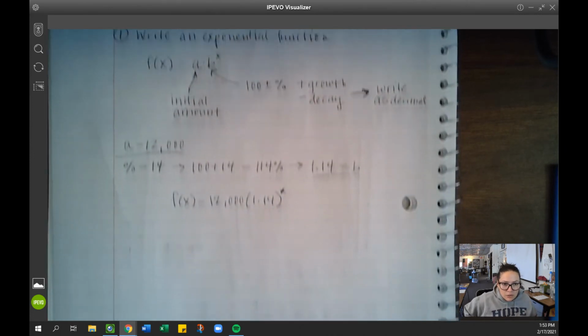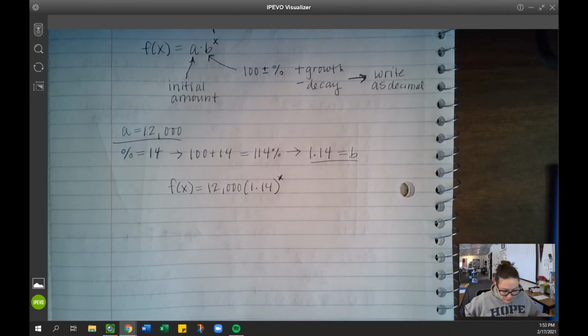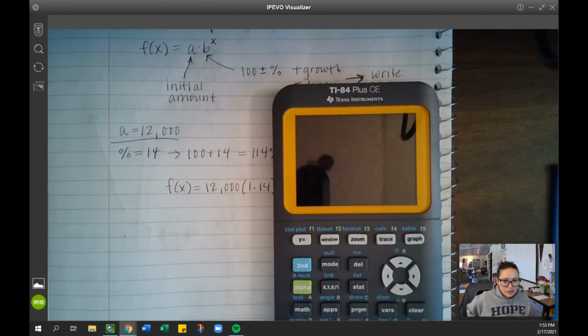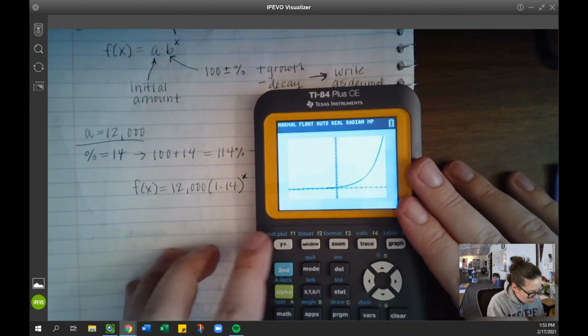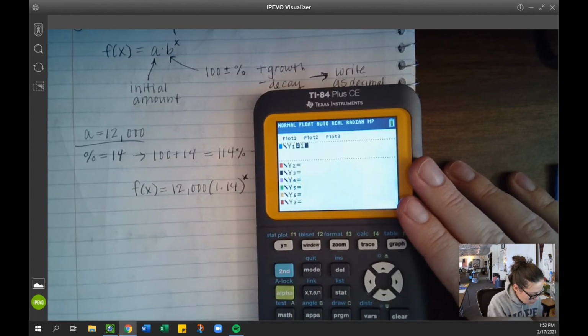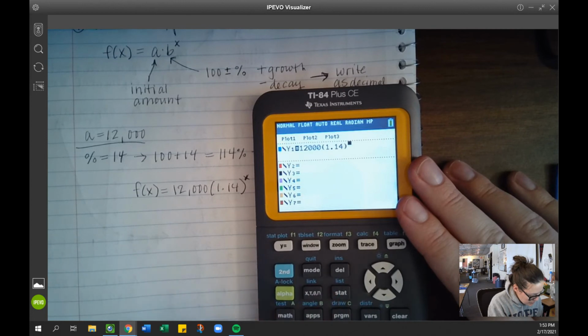Okay, so now I want to find out when the guitar is going to hit a value of $60,000. We are going to use our calculator to help us with this. I'm going to go to my y equals and type this function in: 12,000 times 1.14 to the x.